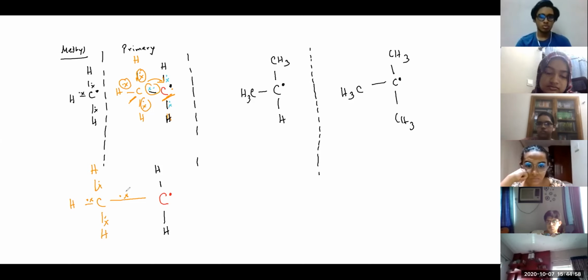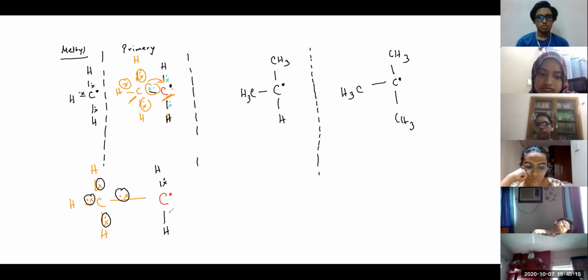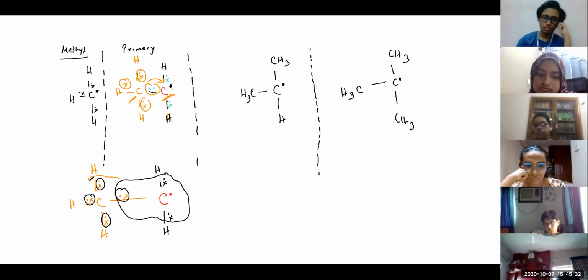So this methyl group already has 2, 4, 6 and 8 electrons around this carbon. But the red carbon has 2, 4, 6, so this has 7. This has 8. So this has 8 electrons, this has 7 electrons.